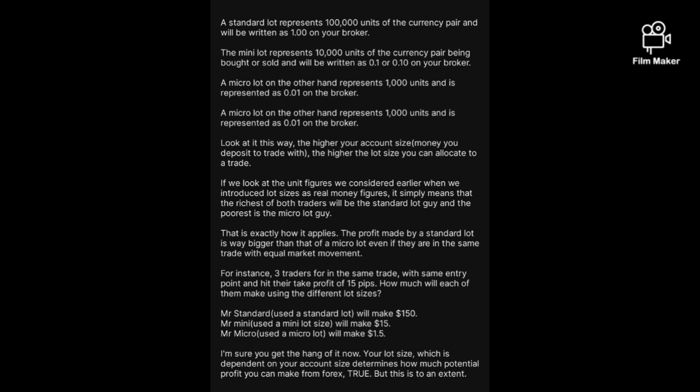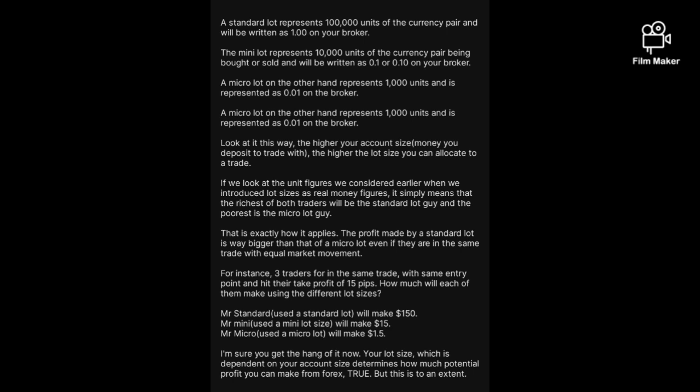Look at it this way: the higher your account size, I mean the money you deposited to trade with, the higher the lot size you can allocate to a trade. If you look at the unit figures we considered earlier when we introduced lot size as real money figures, it simply means that the richest of the traders will be the standard lot guy and the poorest is the micro lot guy.